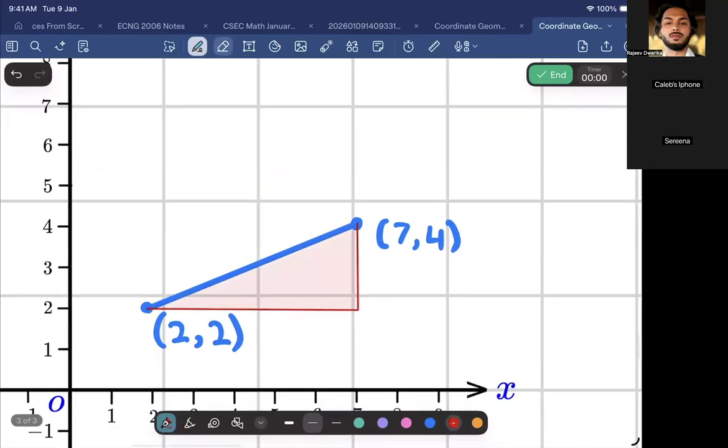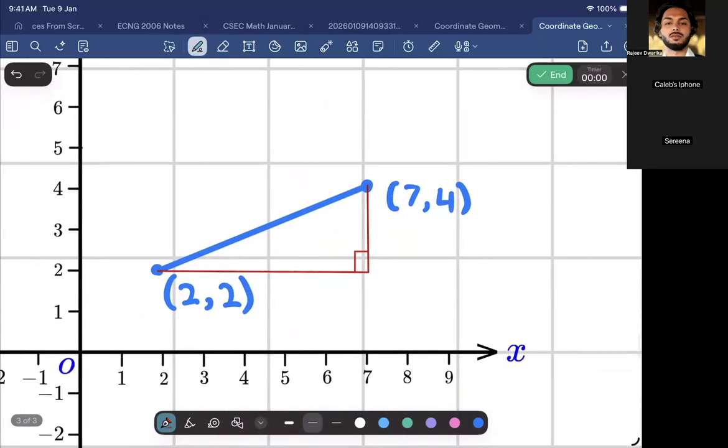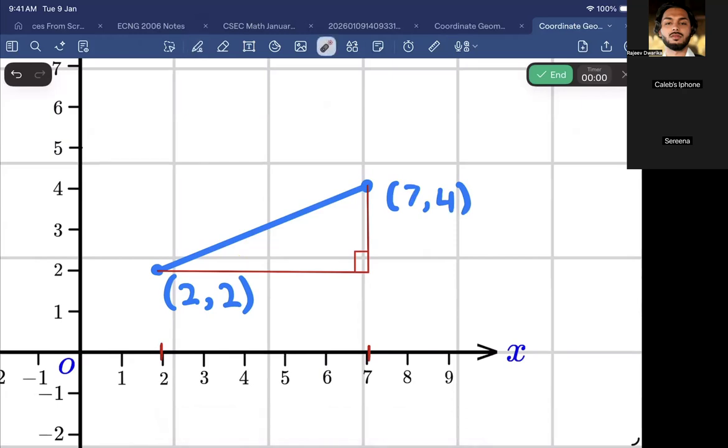What shape does that form? A triangle. Not just any triangle, a right angle triangle. Now pay close attention to something. If I wanted to figure out this dimension, what would I do?